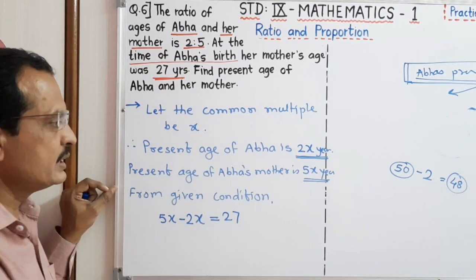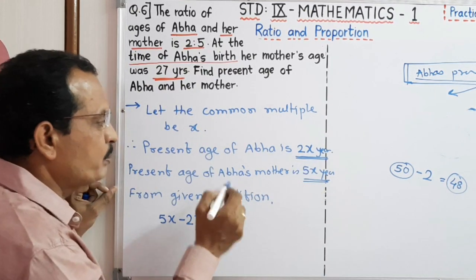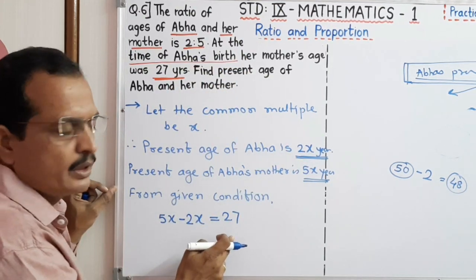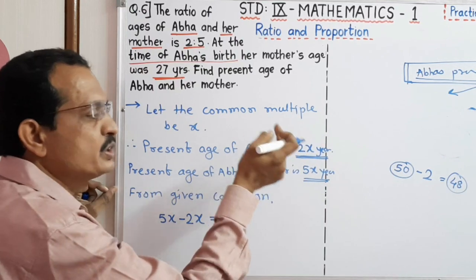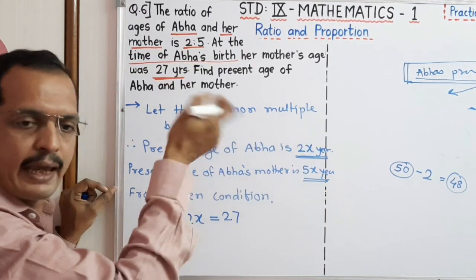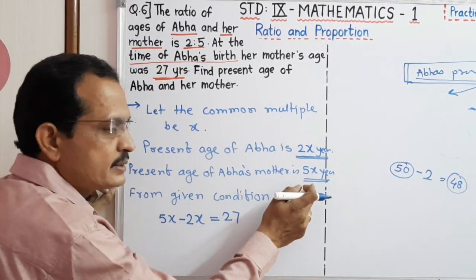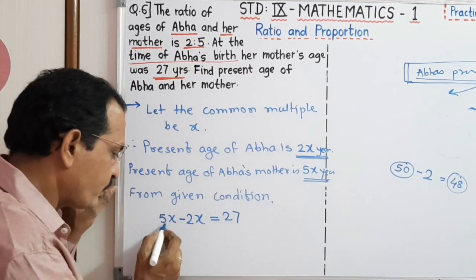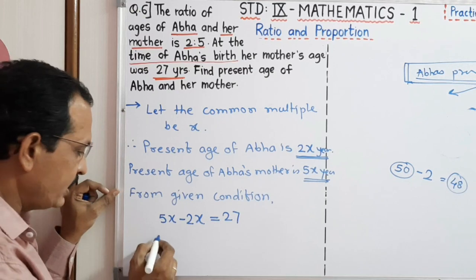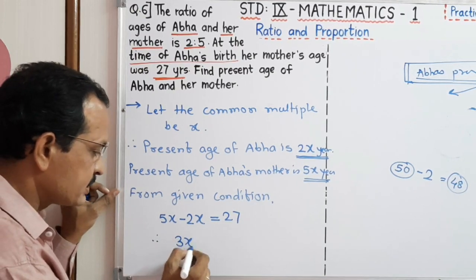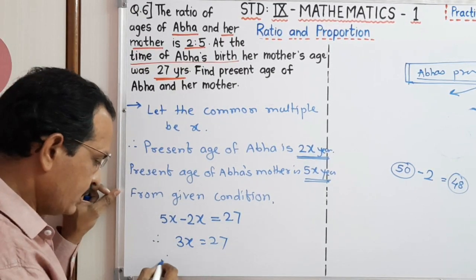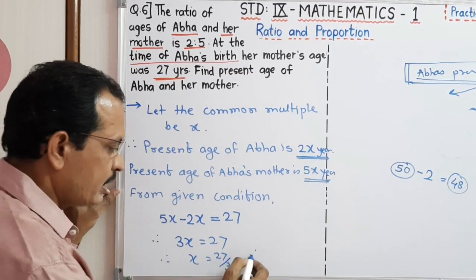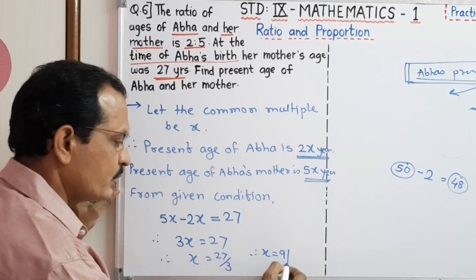Therefore, 5x minus 2x is 27. And therefore, 3x is equal to 27. Therefore x is equal to 27 divided by 3, and therefore x is equal to 9.